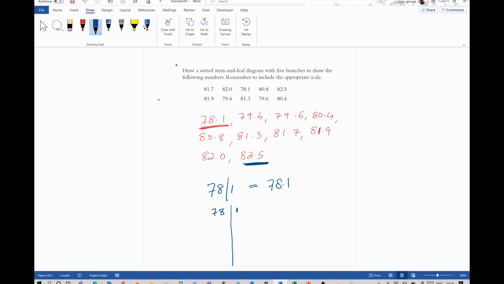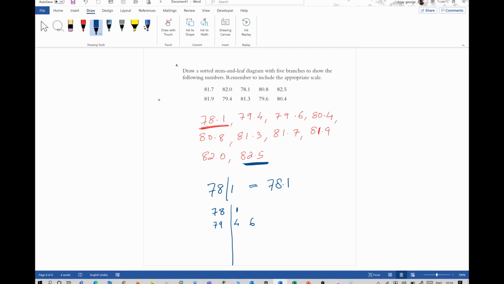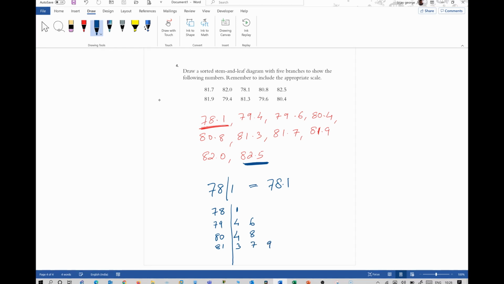Then I move to the next value, 79, here 4, 6, then 80 with 4 and 8, 81 with 3, 7 and 9, and the last branch is 82 with 0 and 5.